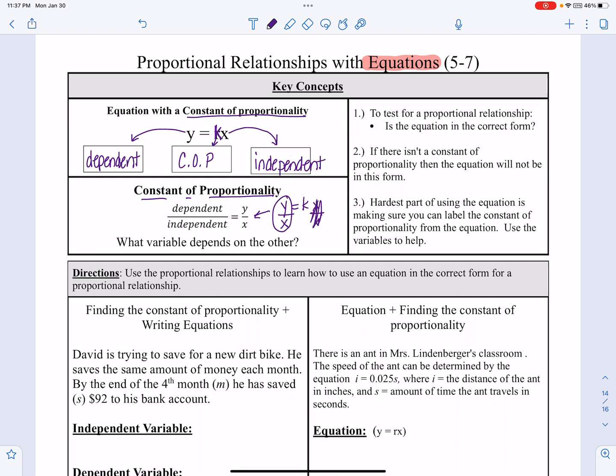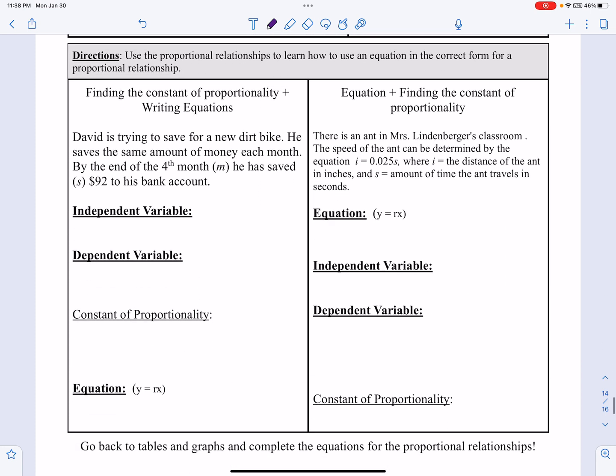And so that's what you want to remember when thinking about constant of proportionality. If you just know what Y and X are, if you do Y divided by X, you will get the constant of proportionality, okay?